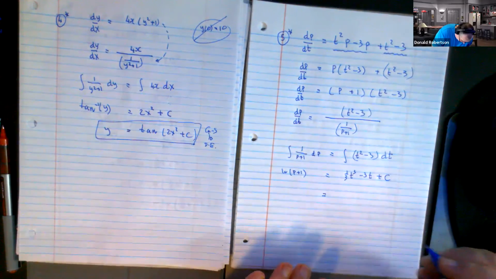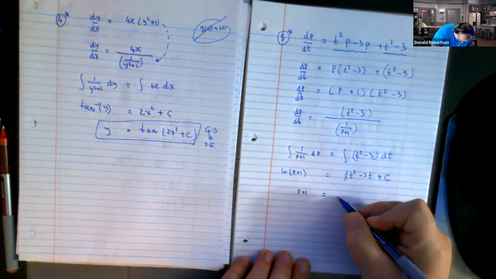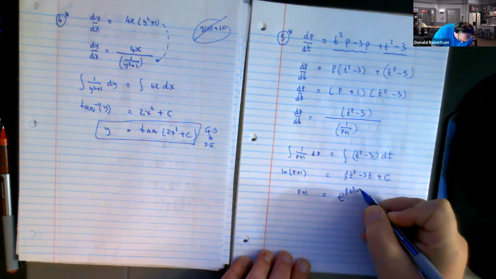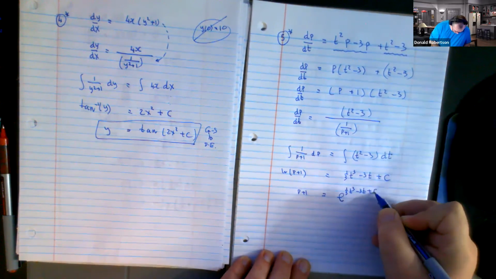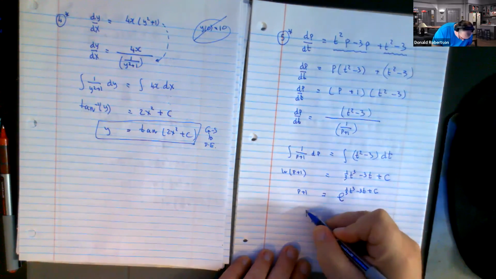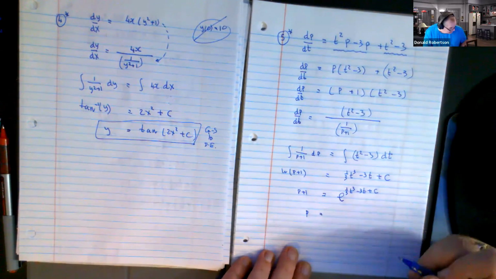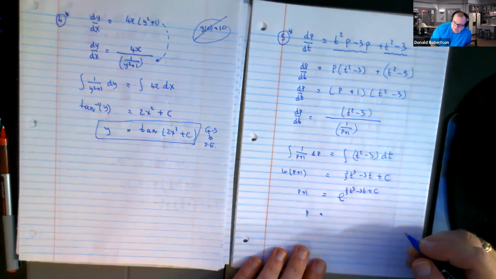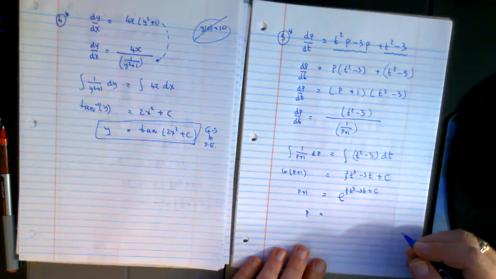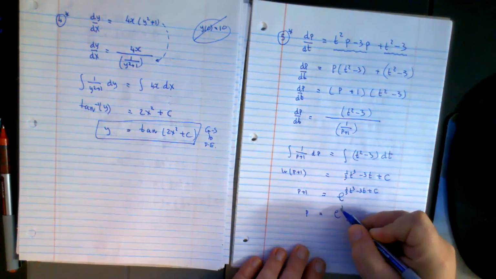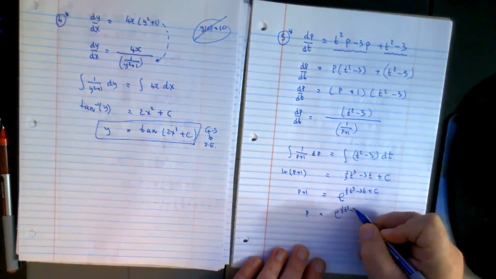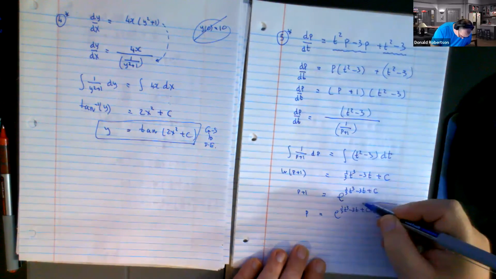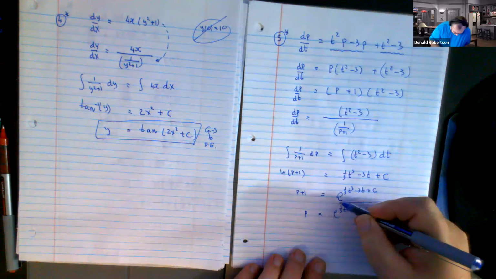Okay, so what you would get is P plus 1 equals e to that guy. What would I do to both sides now to get P? Minus 1. And as far as I'm concerned, I'm happy with the answer.